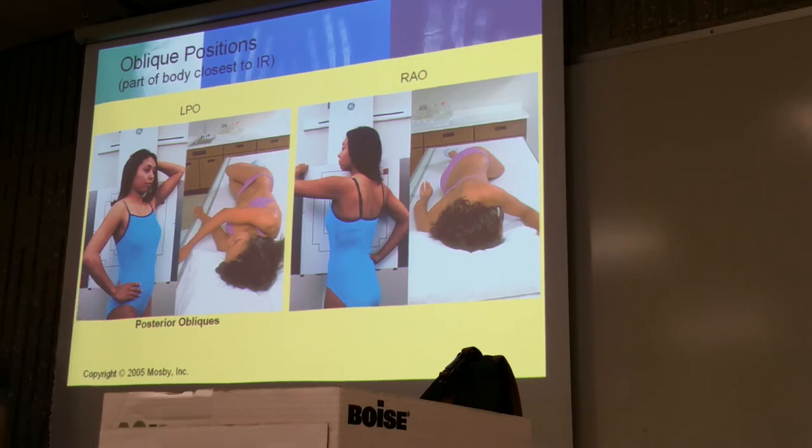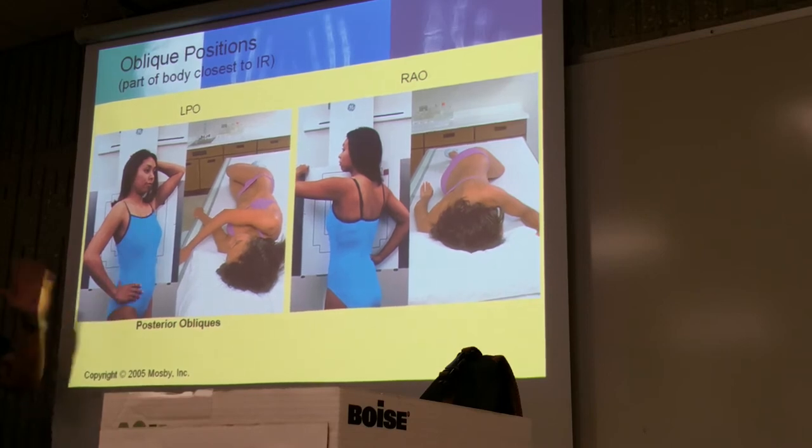The specific category for this position is based on which side is closest to the image receptor. In this oblique position, the posterior portion is pressed up against the image receptor, but which side is it? Left. Right. It's the left side. So now this becomes a left posterior oblique.